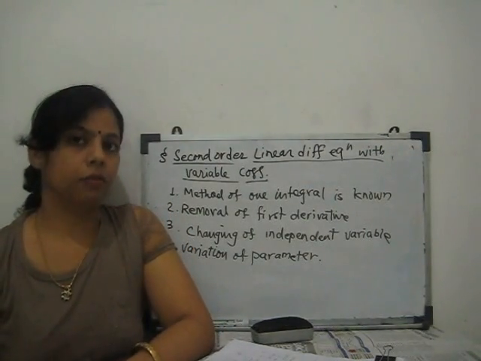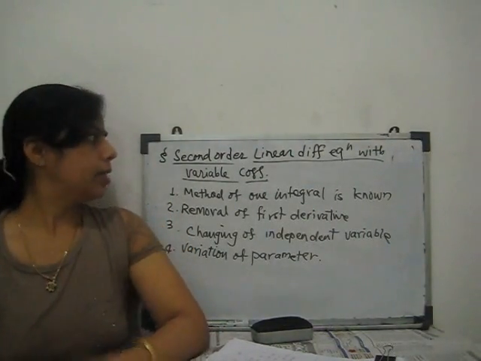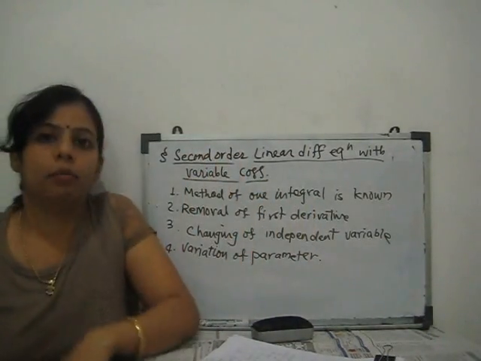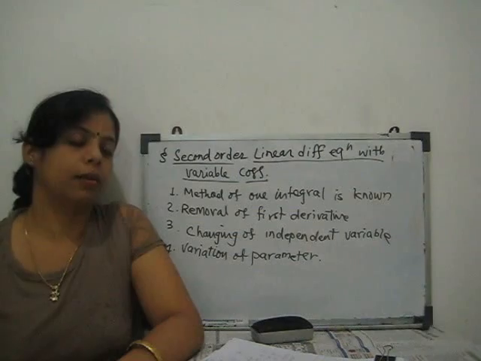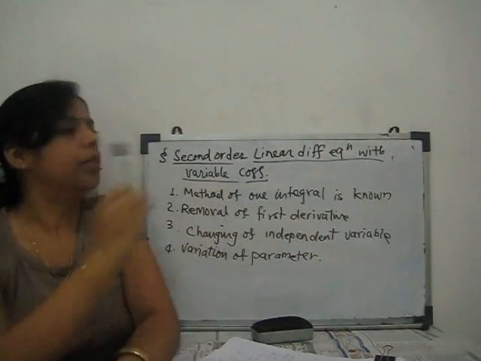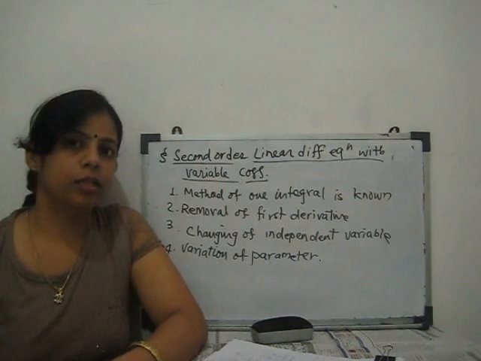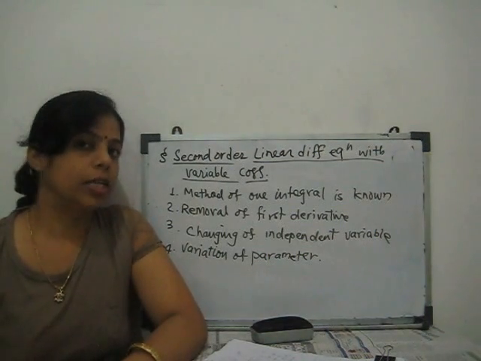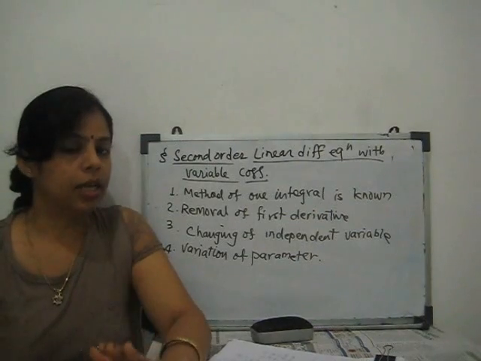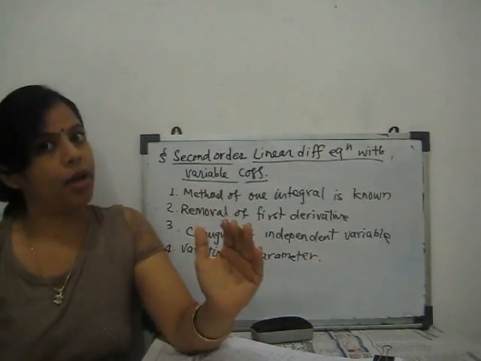Today we discuss another new topic, the second order linear differential equation with variable coefficients. So what is this second order linear differential equation? You already saw how to solve the linear differential equation of first order and first degree, then linear equations of higher order.